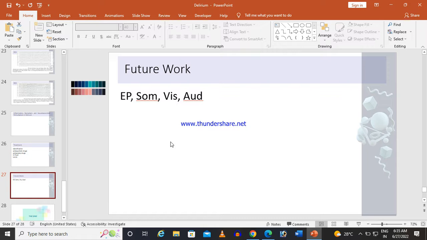If the data set can be collected, then we can extend this study to delirium also, and mainly in case of HIE. In case of HIE, the evoked potential is a very good measure to assess that. So the same thing we can extend in case of delirium also.